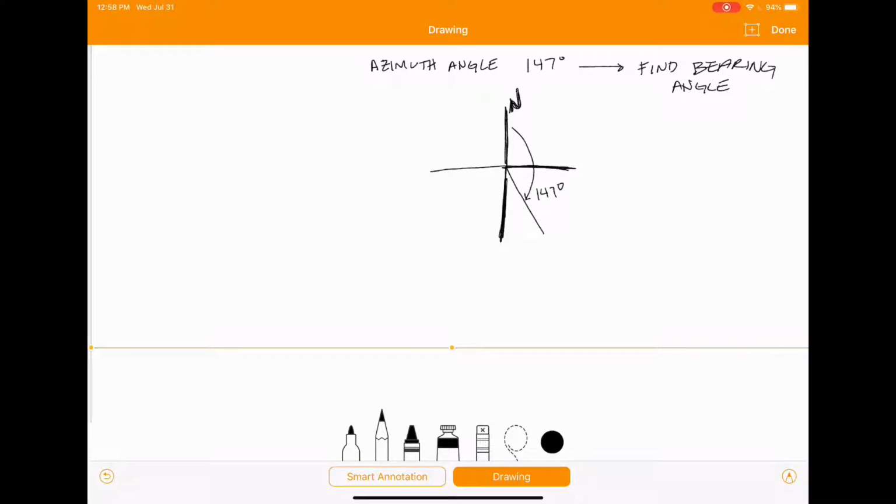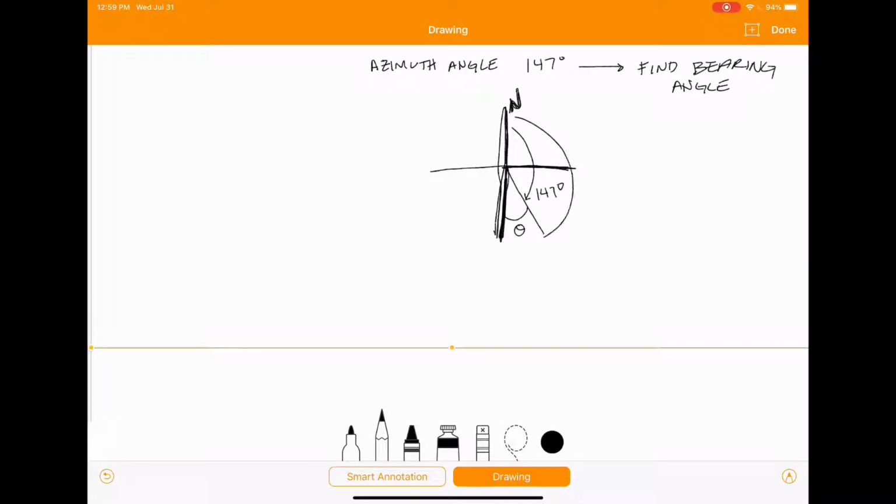But we want to find the bearing angle, which is in the lower half of this quadrant. And so you start from your south, go over to your angle. And so this here is going to be our bearing angle. And so we know that a straight line is 180 degrees.